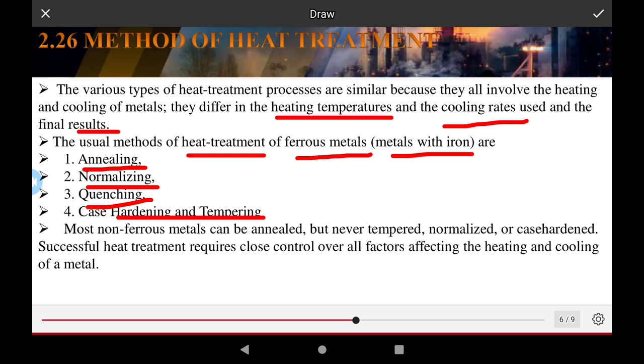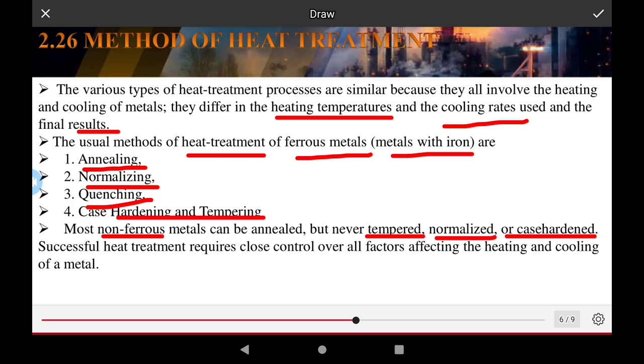These four processes apply to ferrous metals, metals with iron content. Most non-ferrous metals can be annealed but never tempered, normalized, or case hardened.